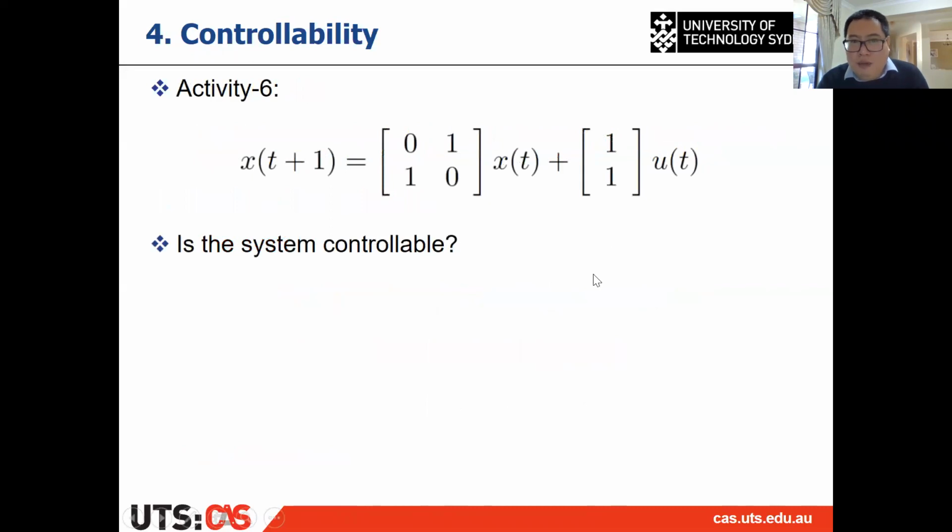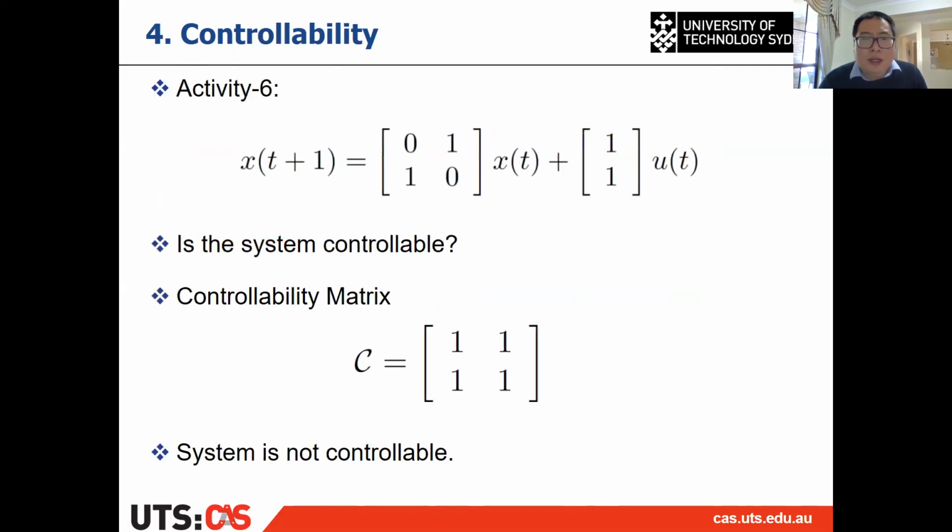And here's your activity 6. I don't have time to do it during the course, but try to practice it yourself. For this system, to determine if it is controllable or not, the first thing is you need to calculate the controllability matrix. The first column is B, which is 1, 1. The second column is A times B, which is 1, 1 as well.